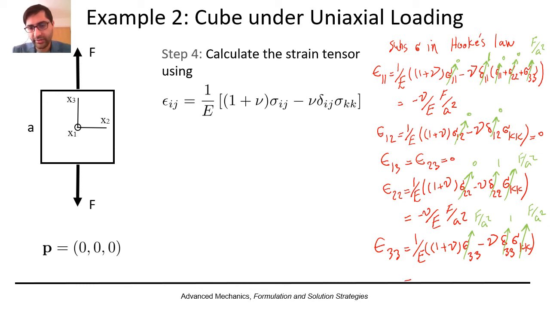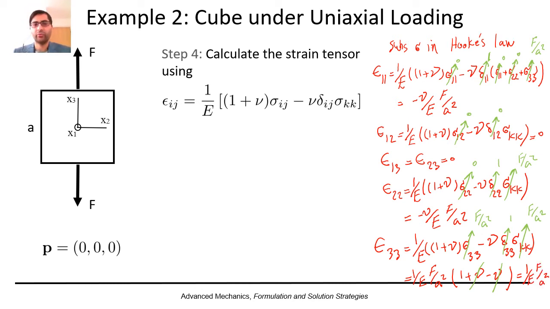So it is basically 1 over E F divided by a², 1 plus nu minus nu. And we have plus nu minus nu, so it becomes just 1 over E F divided by a².